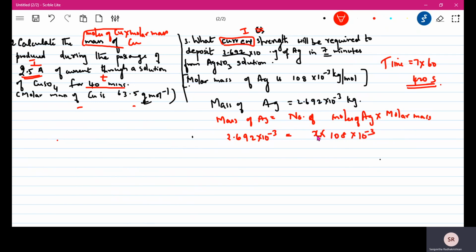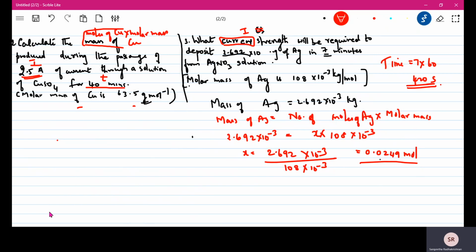So x is equal to 2.692 into 10 raised to minus 3 upon 108 into 10 raised to minus 3. So this will be number of moles of silver, which comes to 0.0249 mole.